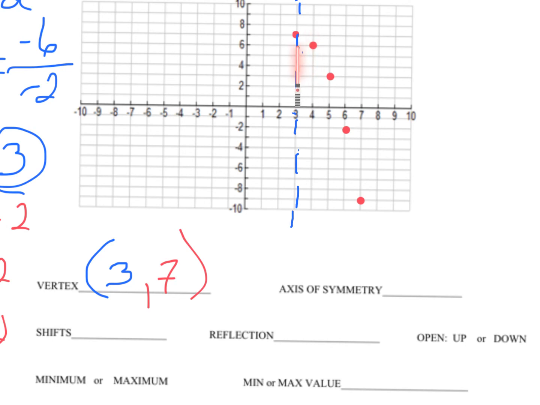So one space, so one space. Okay. One space. Okay. Next one. 1, 2. So 1, 2. Okay.